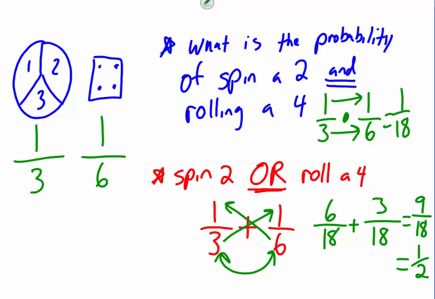So the difference between these two, even though we're talking exactly the same events, it's only a 1/18th chance of having both events happen together. Whereas if we only have to have one of the events happening, the spin of 2 or the roll of 4, it's a 0.5 or a 1/2 chance of that happening. Kind of interesting how that works out.